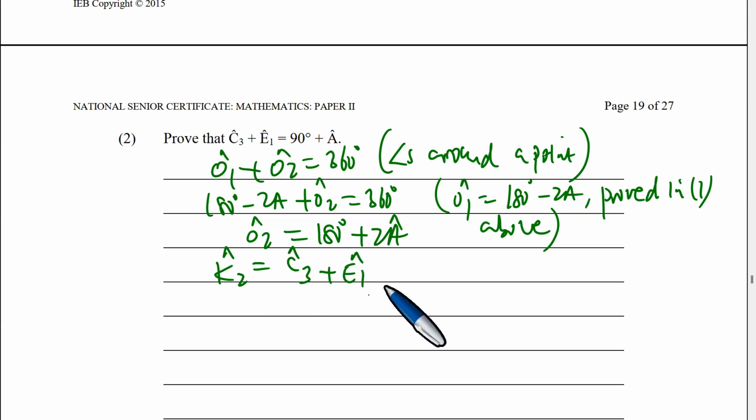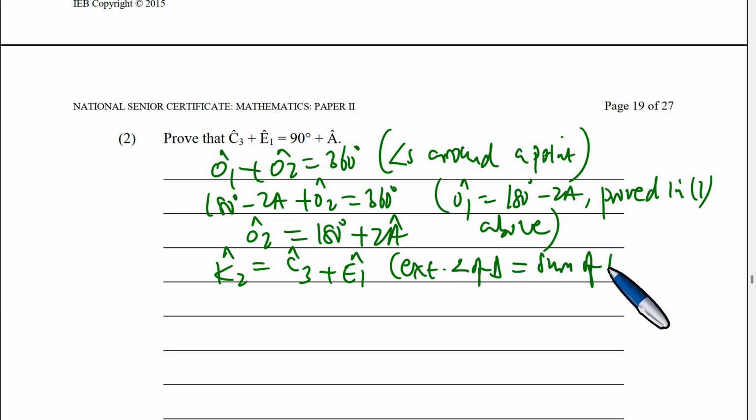And this is the exterior angle. Exterior angle of triangle equals the sum of interior opposite angles. So that is what we actually can be able to achieve at this point.